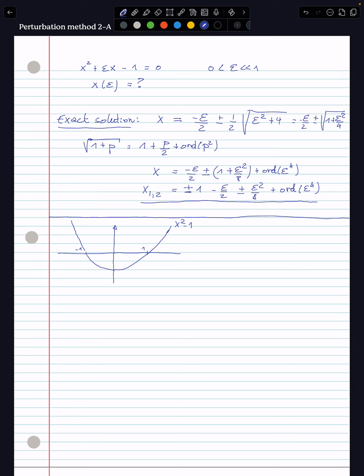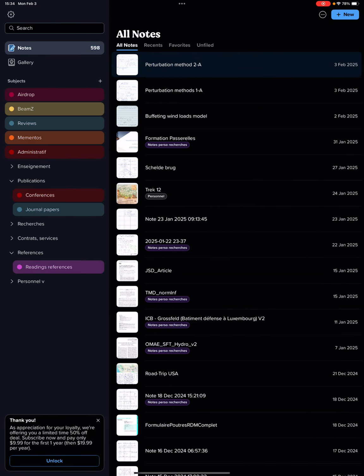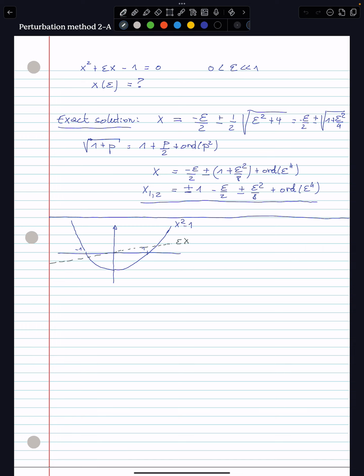Then if I want to add epsilon times x, which is something like this, epsilon x, then it means that the point here in the middle is not shifted up.